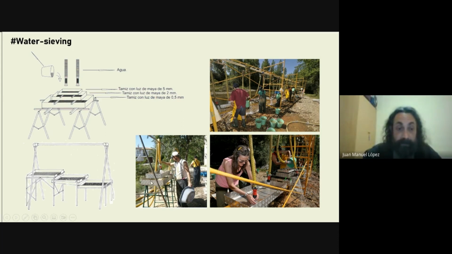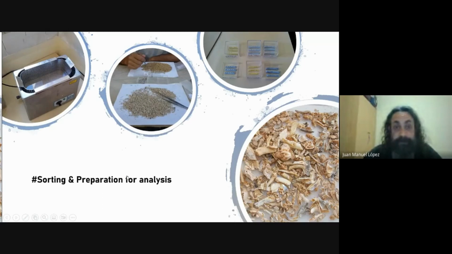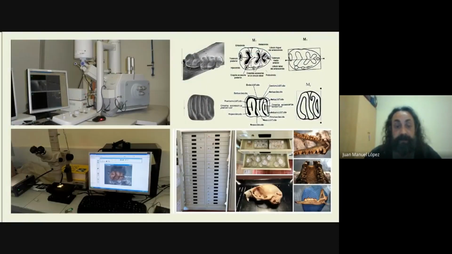This is a picture from Orce with another technique, but it's the same thing. Finally, with three different size meshes. Okay, sorting and preparation for the analysis. After, we separate the little pieces, in the case of the small mammals, mainly teeth or mandibles or cranium.